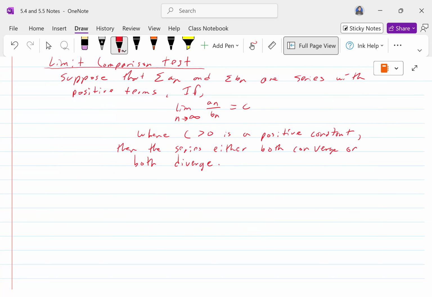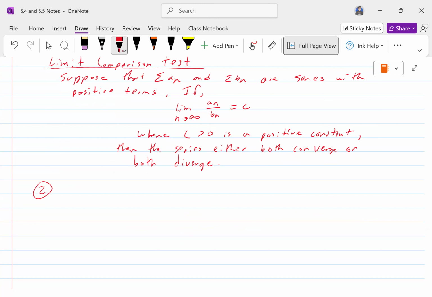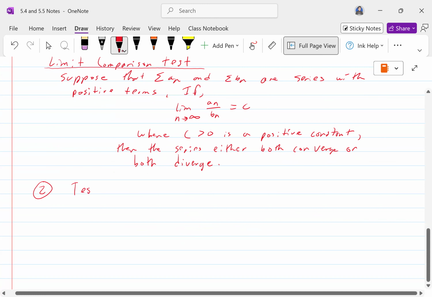Okay, let's do an example with this. Example number 2. Test the series summation n equals 1 to infinity of 1 over 2 to the n minus 1, with the minus 1 on the bottom, for convergence.